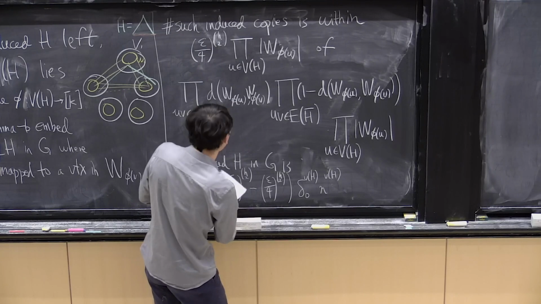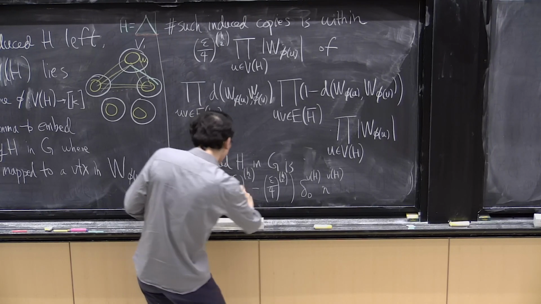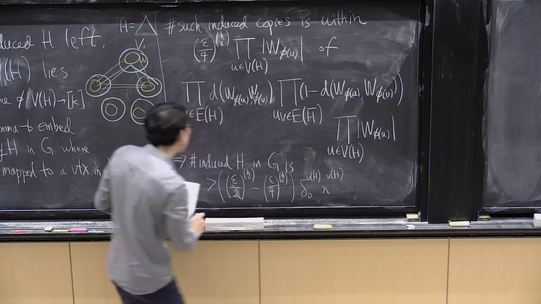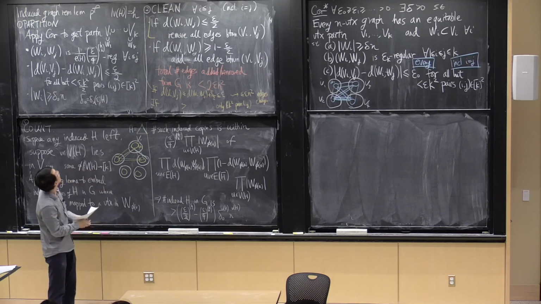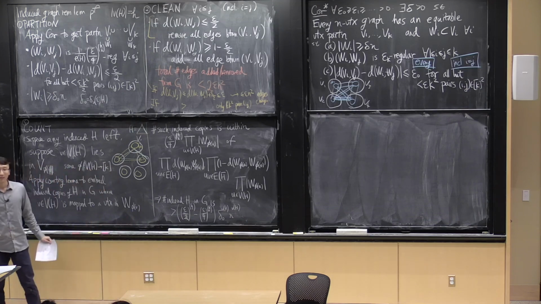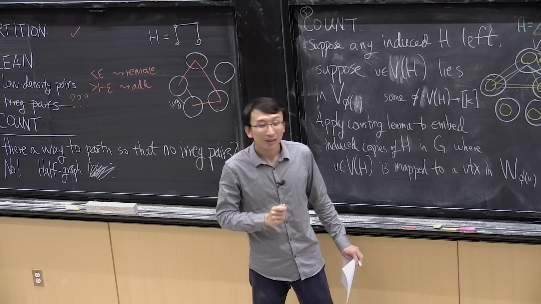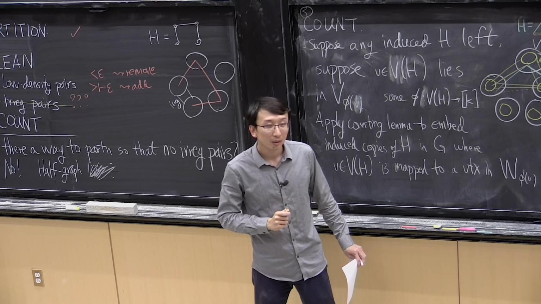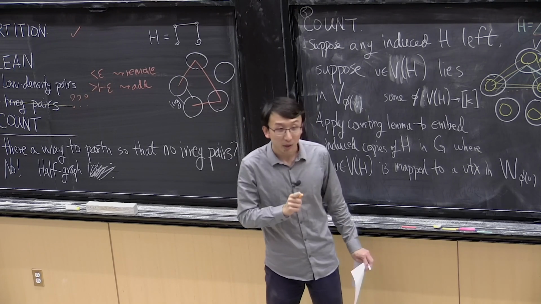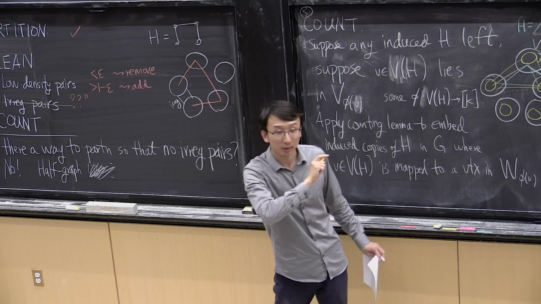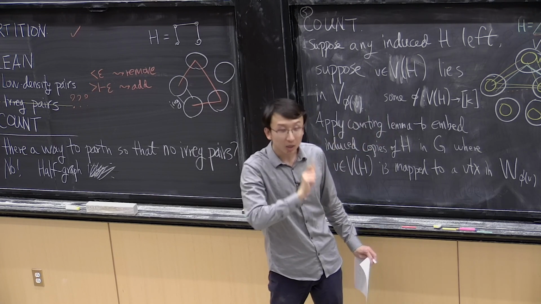Good. So asking about this number, that should have been 2. Yes? Okay, so question: you don't see k appearing anywhere, so the k in the corollary, do you mean? Yes. Okay, so that hasn't come up yet.